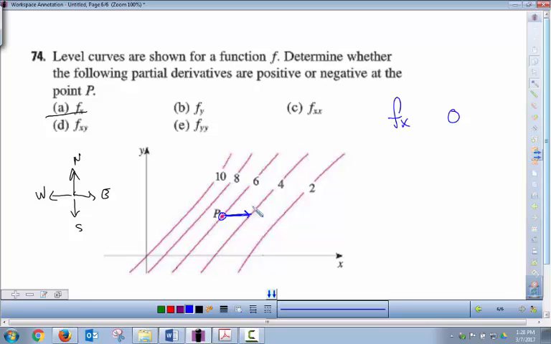We're going to go down, right? We're going to go from level 6 to level 5 and level 4. So we're going downward, so is this positive or negative? Negative. So the value of fx should be less than 0 at that point P.